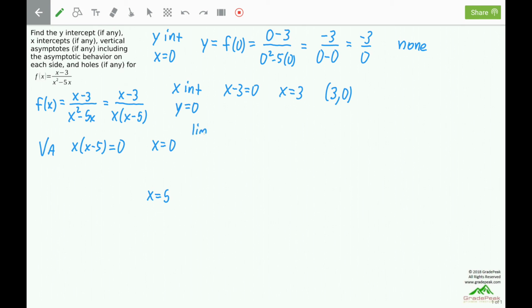This is done by taking the limit as x approaches from the left side and right side. The left side of 0, indicated by the negative superscript on 0, of the factored version of the function. And the right side indicated by the positive superscript on the 0, again of the factored version of the function.